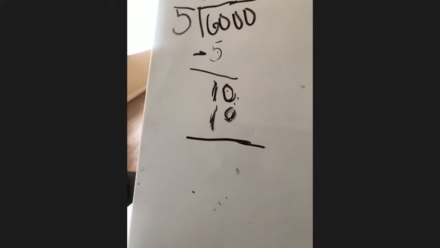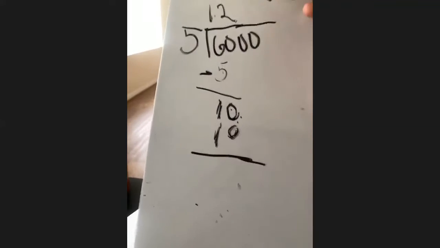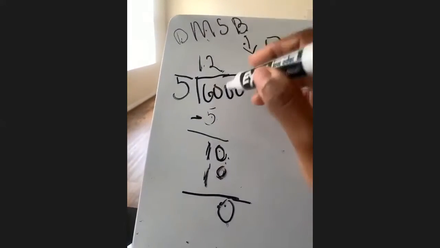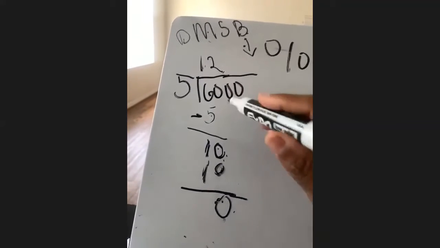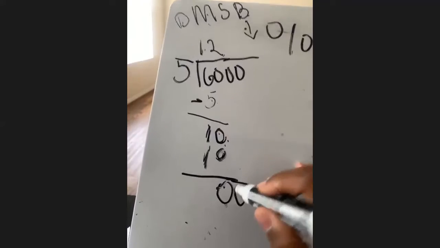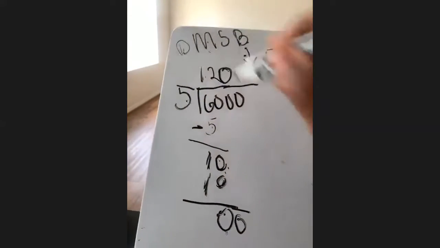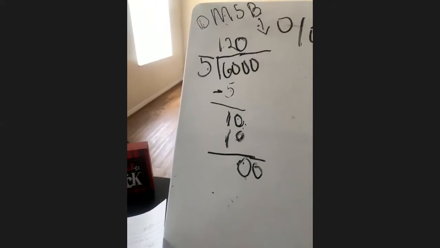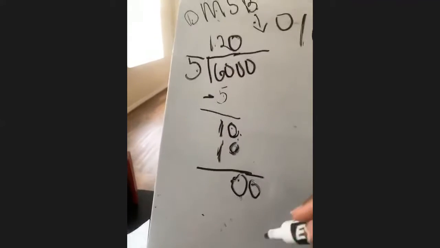You with me so far? So now we subtract. Again, we subtract. That gives us 0. So we subtract, then we bring down, right? One number at a time. 5 goes into 0, 0 times. You have to show that. Whenever you bring a number down, you have to show that you are bringing that number down by dividing it into 0 times, okay?